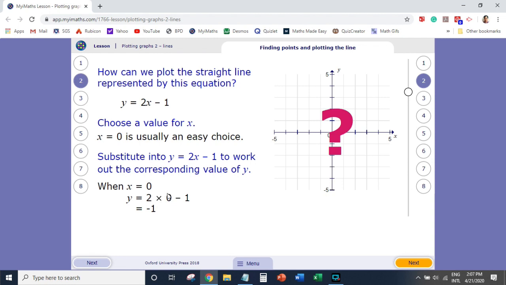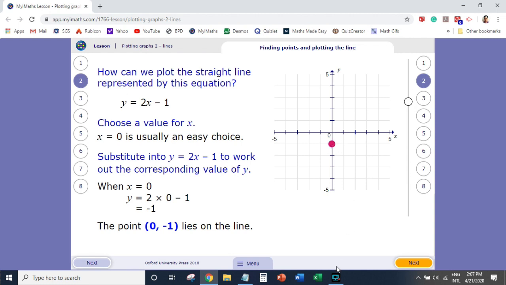So 2 parenthesis 0, 2 times 0 equals 0, and minus 1. So the answer remaining here is just -1. So it means our x is 0, our y coordinate is -1. Then we can now write the coordinate like this: parenthesis 0, comma, -1, because our x is 0, then our y is -1. Then we have that point already here, 0, -1.